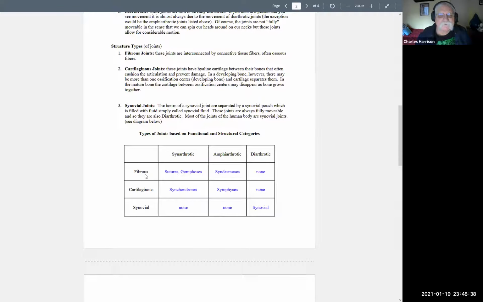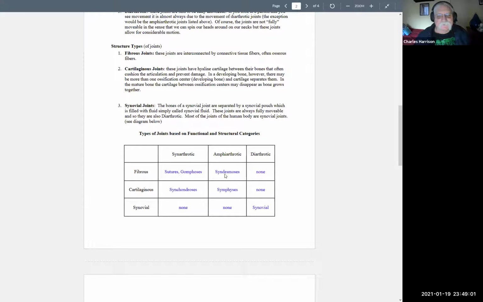Fibrous, slightly movable joints, fibrous amphiarthrotic joints are called syndesmoses. There's a term that's going to take a couple of times saying it to get ready for it.